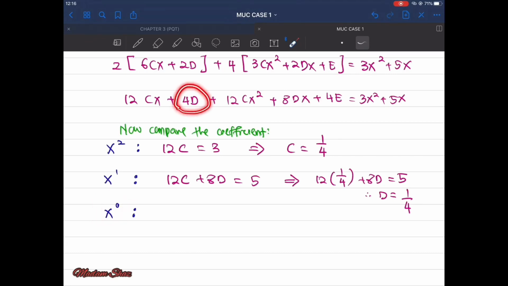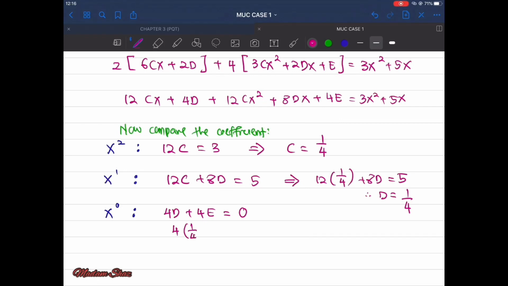Now x to the power of 0. From the left hand side we have 4D plus 4E. 4D plus 4E is equal to, there is no number on your right hand side, so it is equal to 0. We already know the value of D equal to 1 over 4.